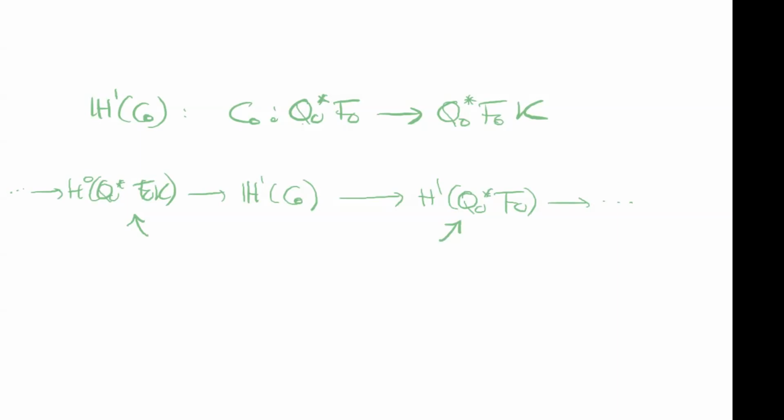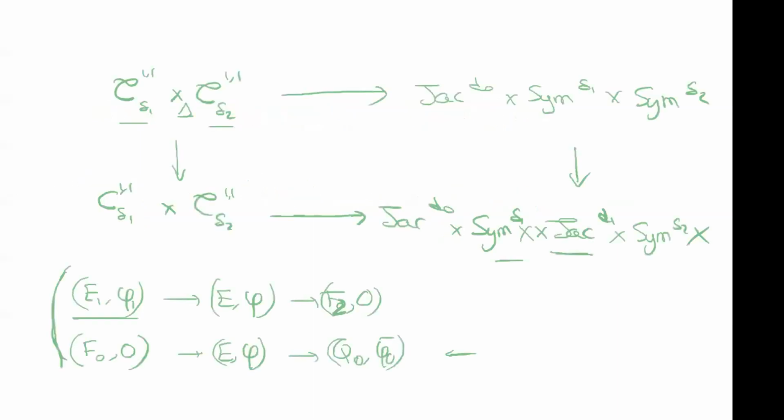Okay, so I was talking in my former slide about pairs of nilpotent Higgs fields. So this would be E1 and this would be Q0 with their respective Higgs field. This is too much information, but we will cancel this out in a minute.